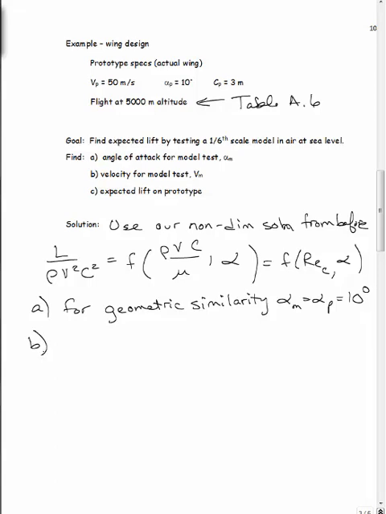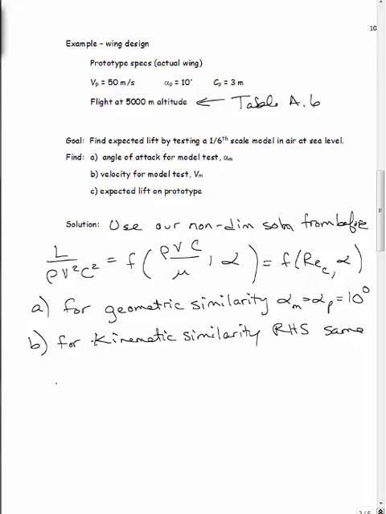Okay, B, what this is for dynamic similarity. Oh, sorry, nope, that's for kinematic similarity. Then the right-hand side values have to be the same. We already got alpha the same, so what we need is this Reynolds number to be the same.